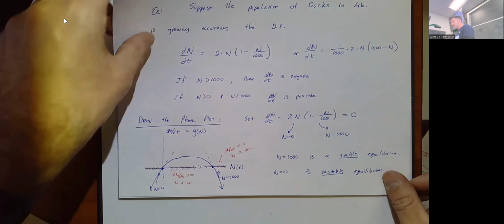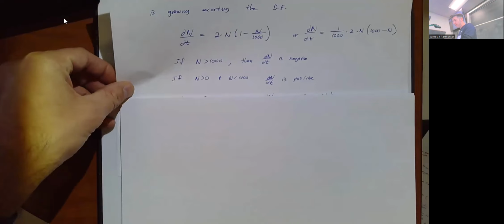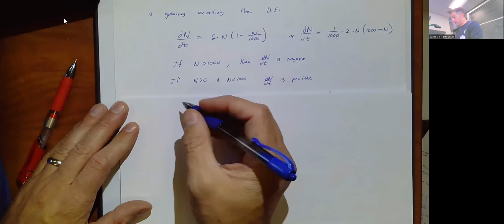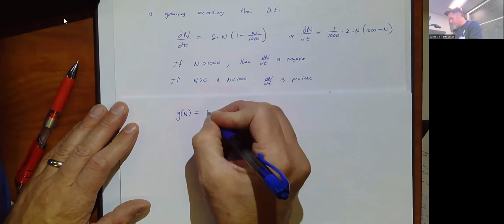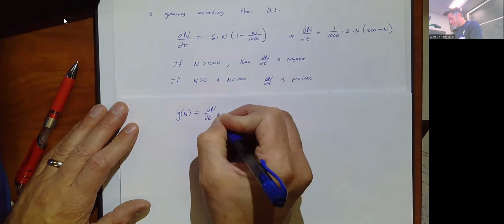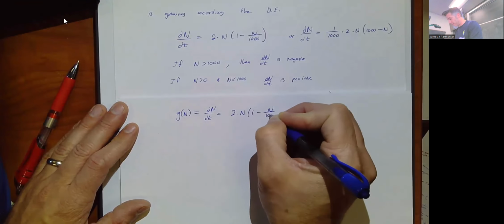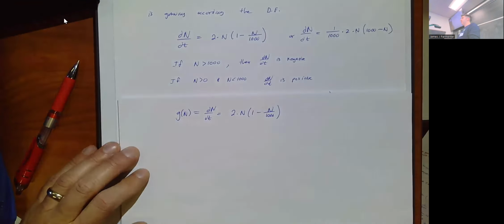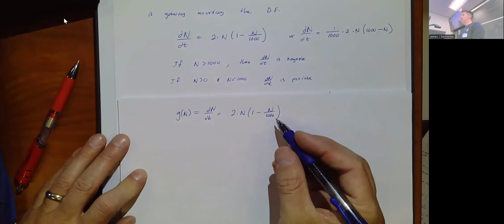So another way to go about doing this, although I don't like it as much as graphing it, because graphing it just feels super easy to me, is to take your differential equation, call it G of n, 2 times n times 1 minus n over 1,000, and take the derivative and see if it's positive or negative at those places. Now, I don't want to use the product rule. That's way too much work.